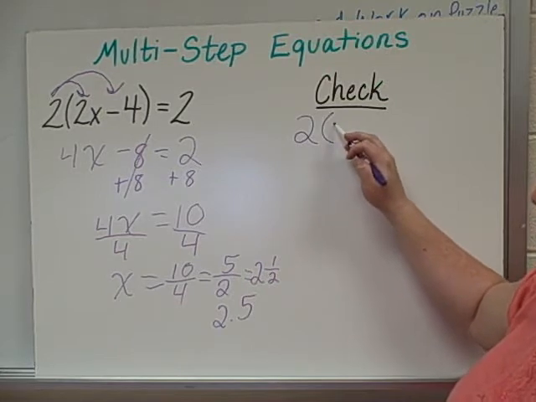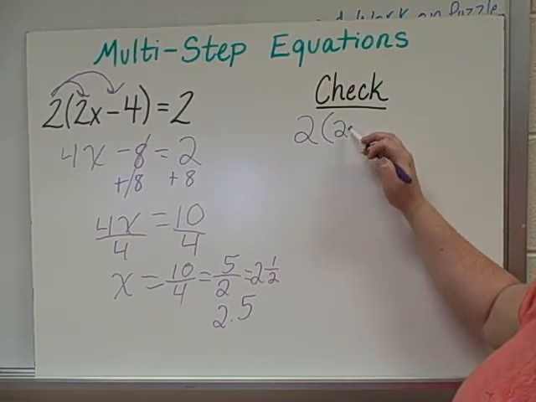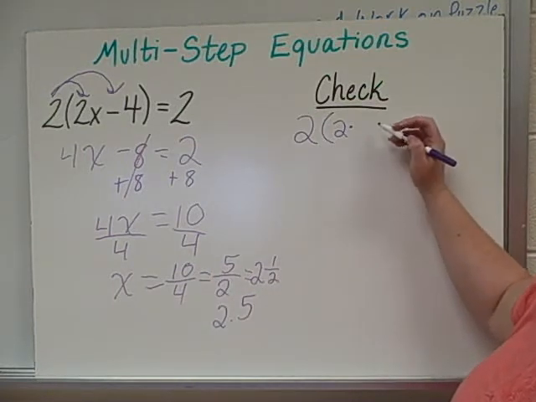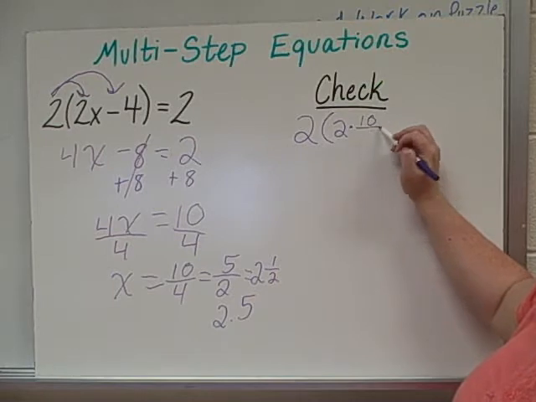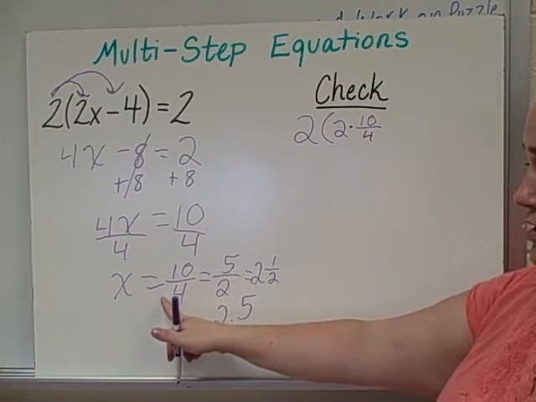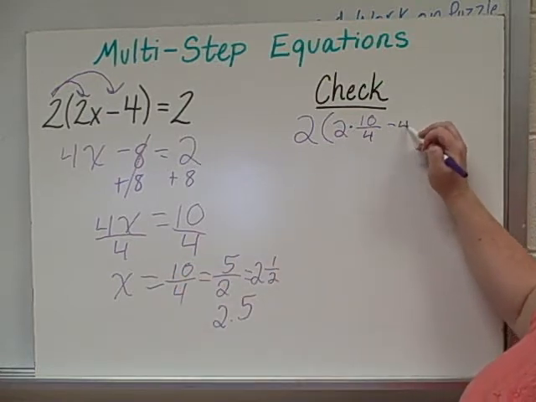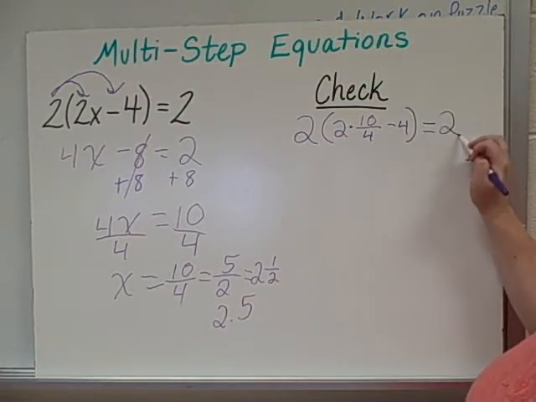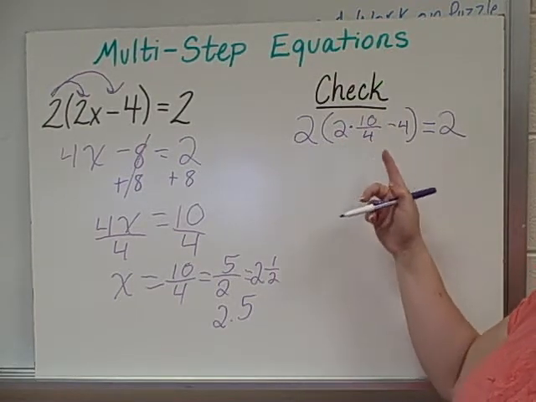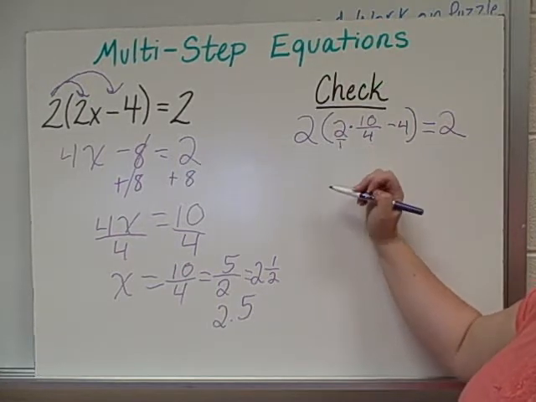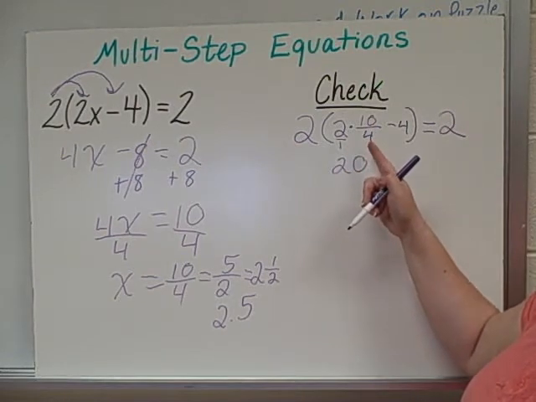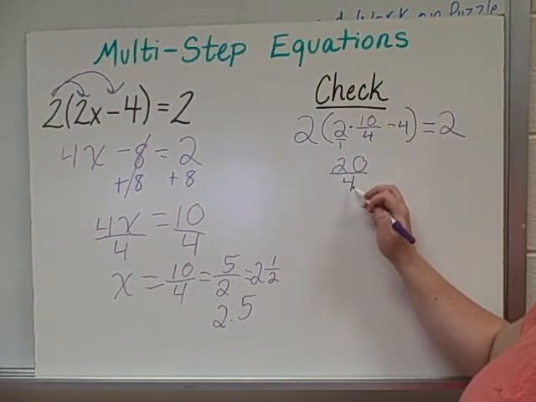2 times, remember, numbers and letters bump together, it's multiplication. And we're going to go with the original answer, just in case we made a mistake in simplification. Minus 4 equals 2. Now, remember, when we multiply a whole number times a fraction, the whole number is over 1. 2 times 10 is 20. 1 times 4 is 4.